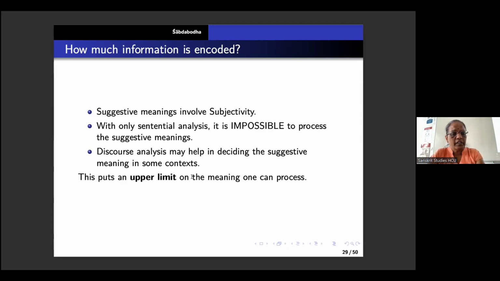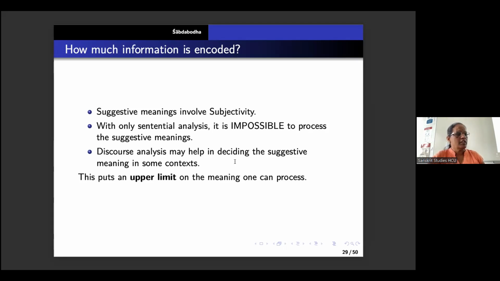So this puts an upper limit on the meanings one can process. We cannot process all the three levels of meanings. Literal meaning, of course, we can. To go for metaphoric meaning, we need a lot of other information, which may be non-linguistic, ontological, etc. And in order to process this suggestive meaning, we need to look at discourse.